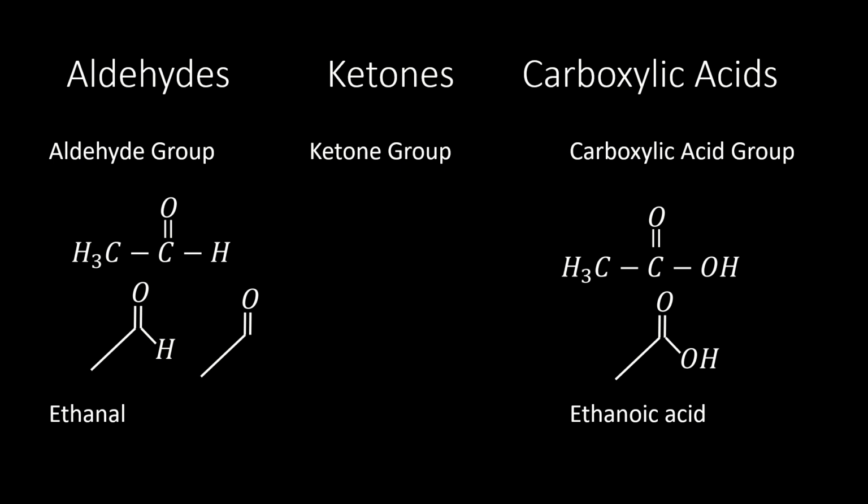Now, if we have 2 carbons, these are going to be molecules based off of ethane, or a 2-carbon molecule. If one of those carbons has our aldehyde group, then we'll call that ethanal instead of ethane.